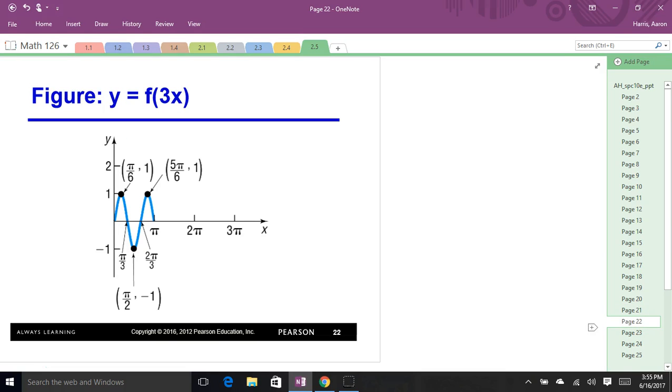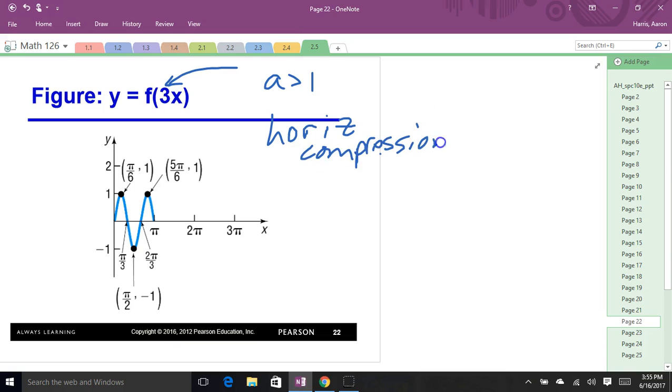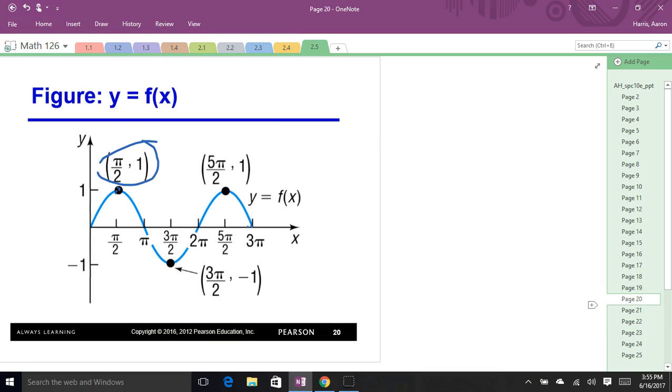Whereas right here, see that 3? Now, when the a is greater than 1, this is a horizontal compression. That original went clear out to 3 pi, so it compressed those points. Here's the original, pi halves, 1, for instance.